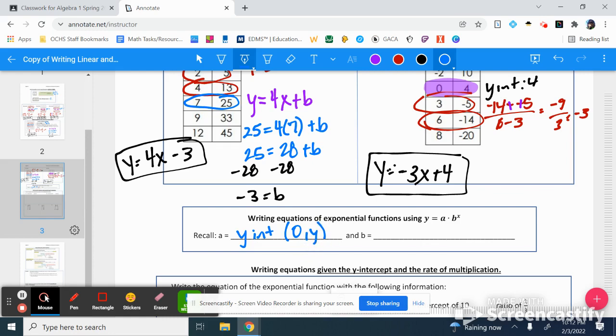But my b value in this equation, y equals a times b to the x power, is the common ratio. And a common ratio is the number that we multiply by every single time. So I'm just going to have to determine what did I multiply by to get to the next term.